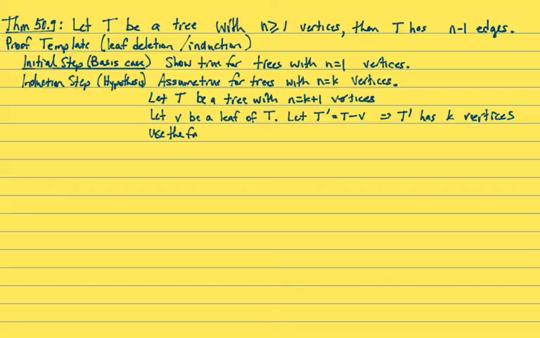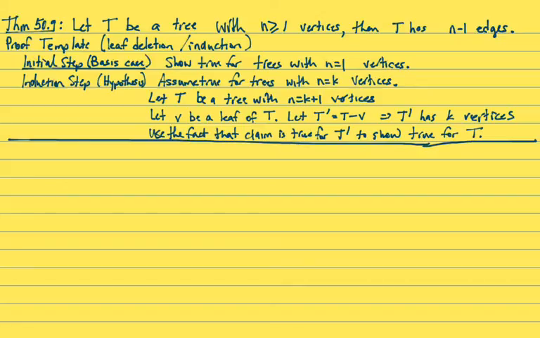So we use the fact that the claim is true for T prime to somehow show that it's true for the original T with k plus 1 vertices. That's usually the tricky step, but if we can do that, then we will have proved that it's true for all trees.